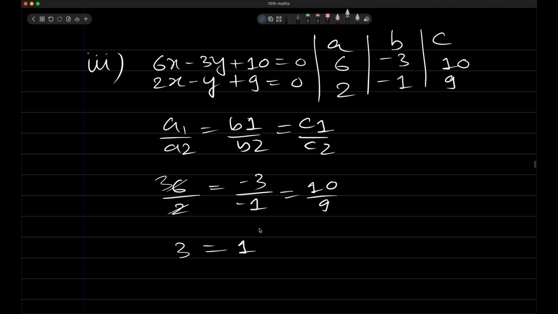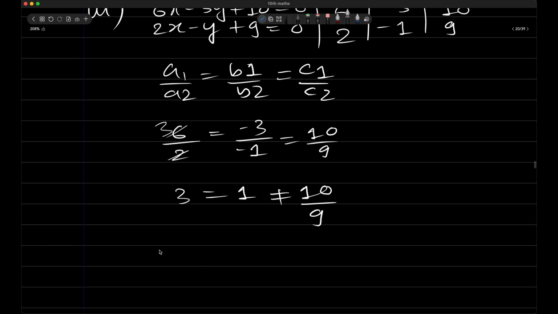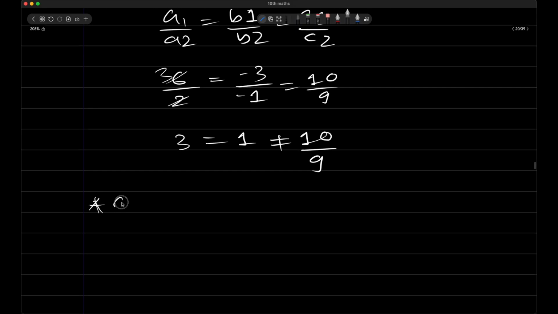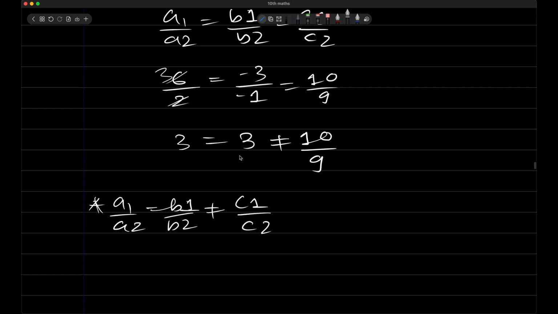These two are not equal, so we can write A1 upon A2 equals B1 upon B2, but this is not equal to C1 upon C2. Hence this is the condition of parallel lines.